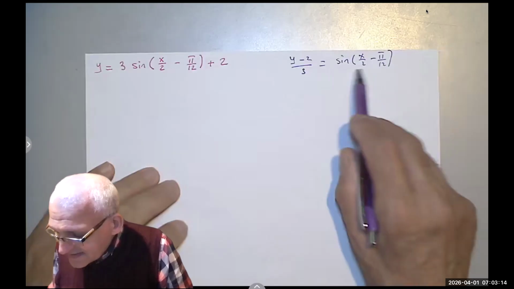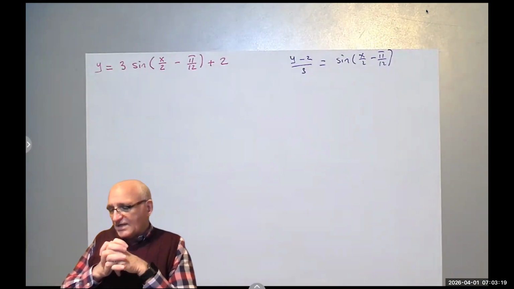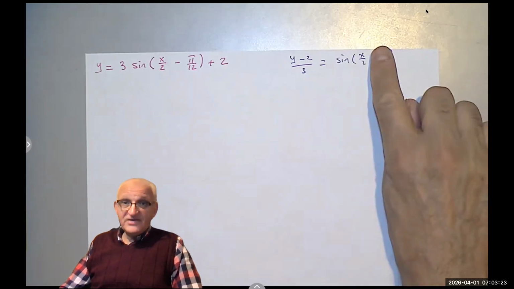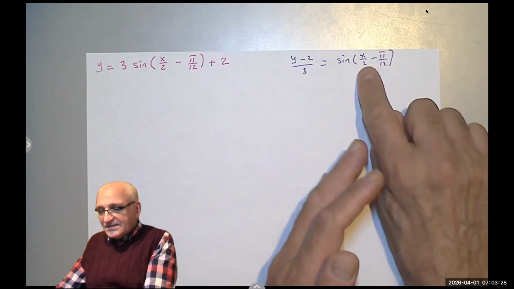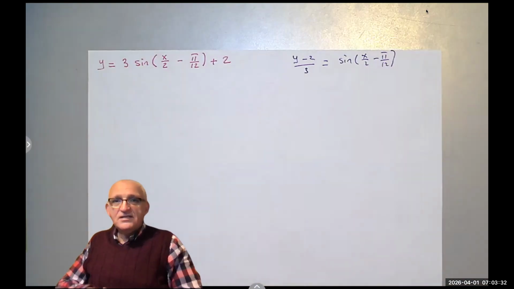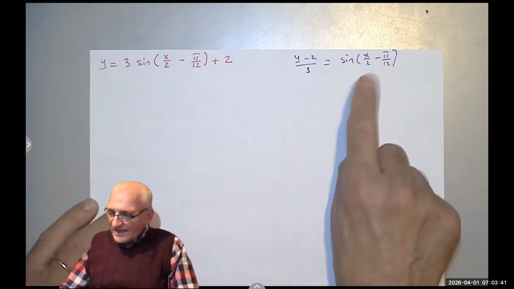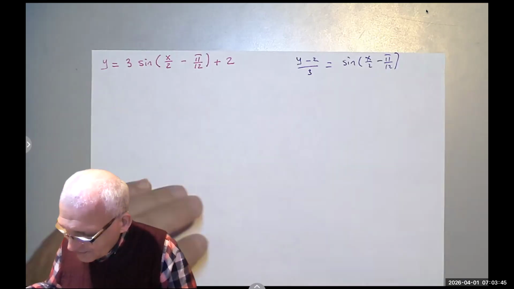Because when I look at sine of x over 2 minus pi over 12, some people would say, okay, let's add pi over 12, meaning have a phase shift, move to the right pi over 12, and then multiply by 2, meaning stretch the period by 2. So instead of 2 pi, it becomes 4 pi. And someone else would say, no, I don't like that. I'm going to factor out the 1/2 and write this. So that's another way to do it.